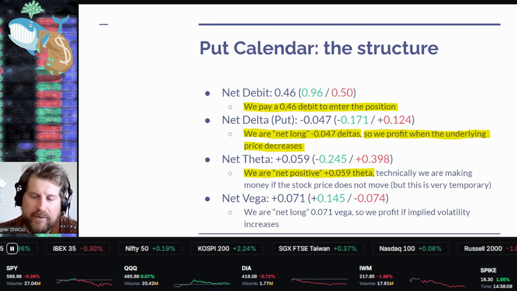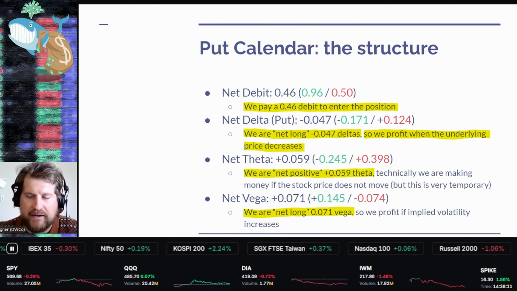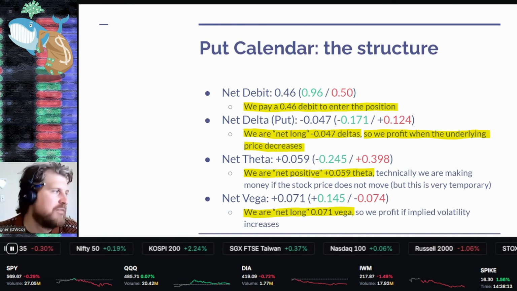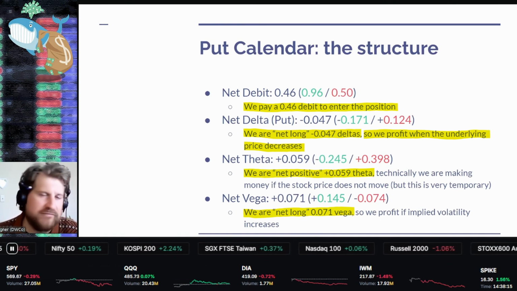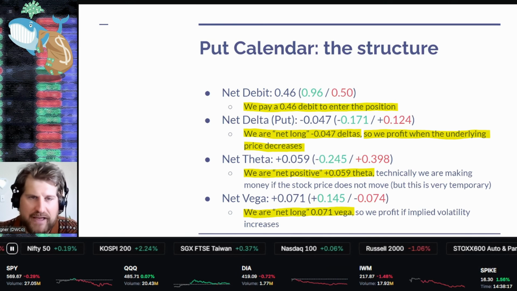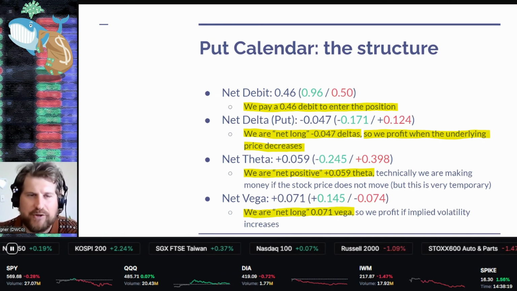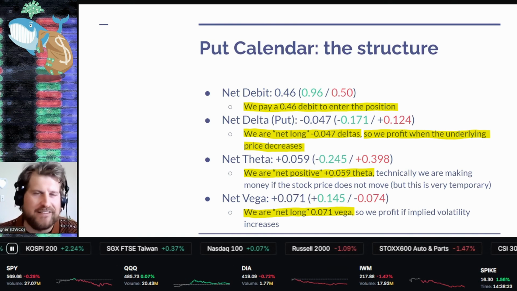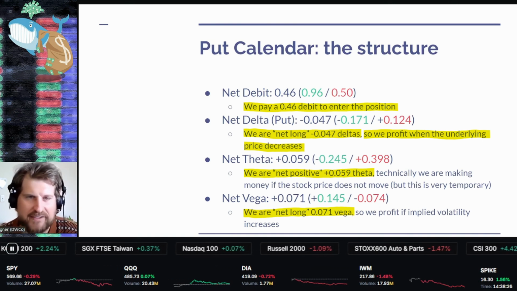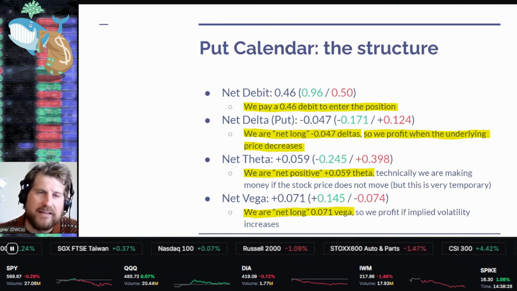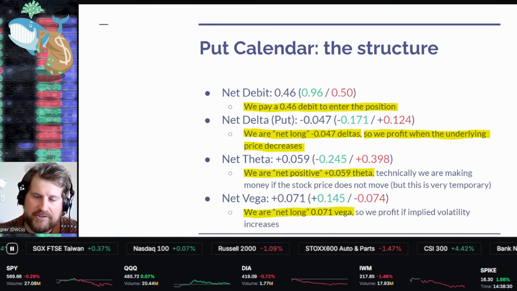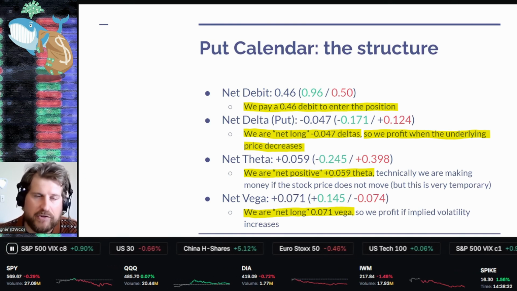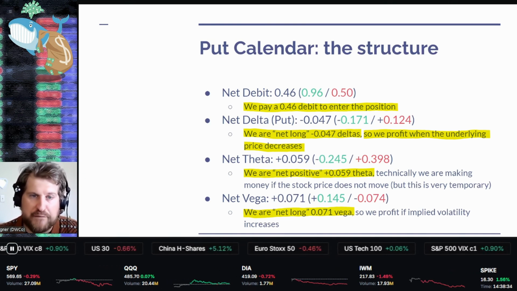So you wind up net long vega 0.071. Now, the actual vega value doesn't matter that much, right? I don't look for a particular vega. I can't in my mind instantly think about what the implications of that are going to be. But the key takeaway here is that this structure is net long vega.